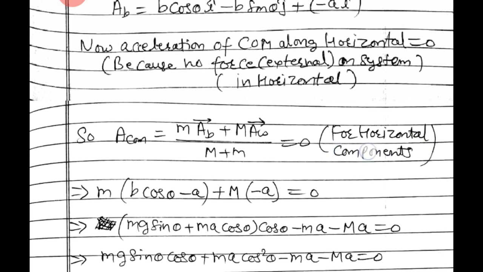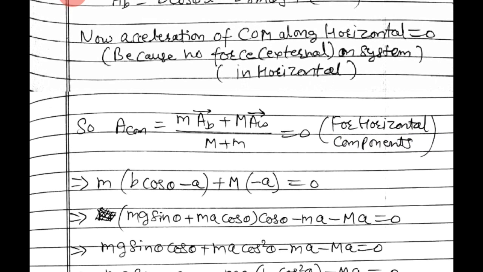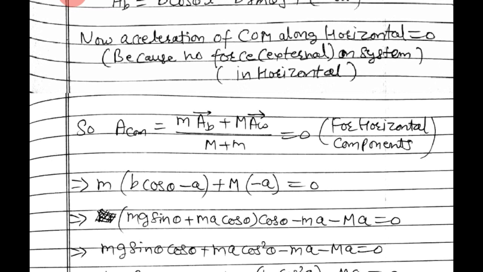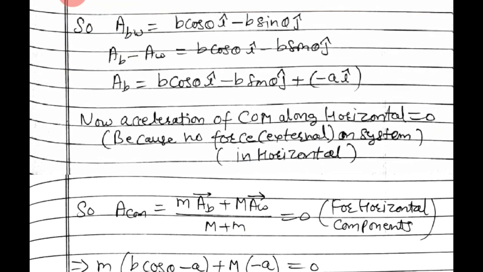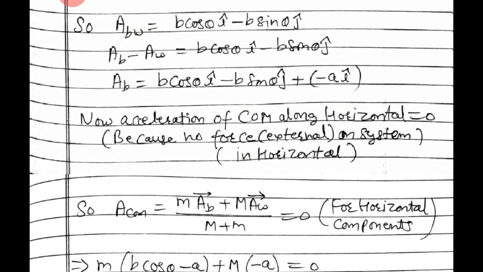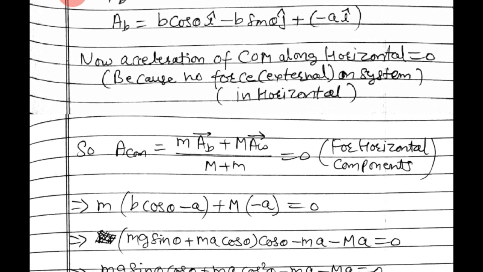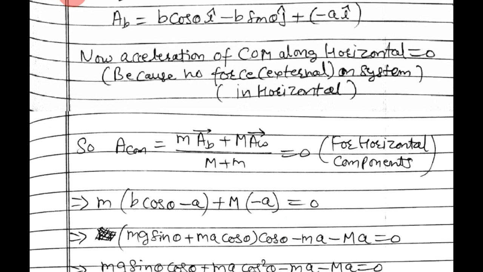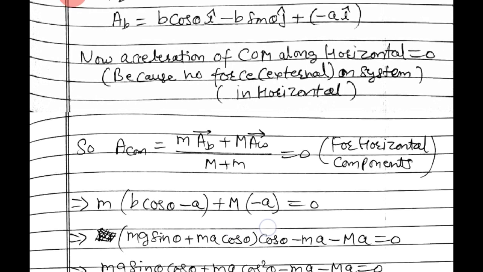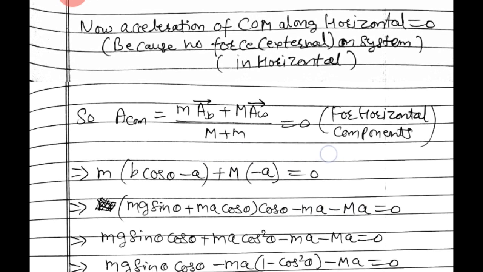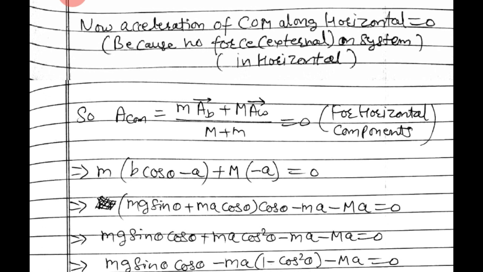So here we can write small m, and here a_B was this one, but here we are taking only horizontal components, so we will take only b cos theta minus a, plus capital M, acceleration of wedge is in horizontal direction only, so we can write here M into minus a is equal to 0, because M plus m will come in this side, so it will become 0 here.